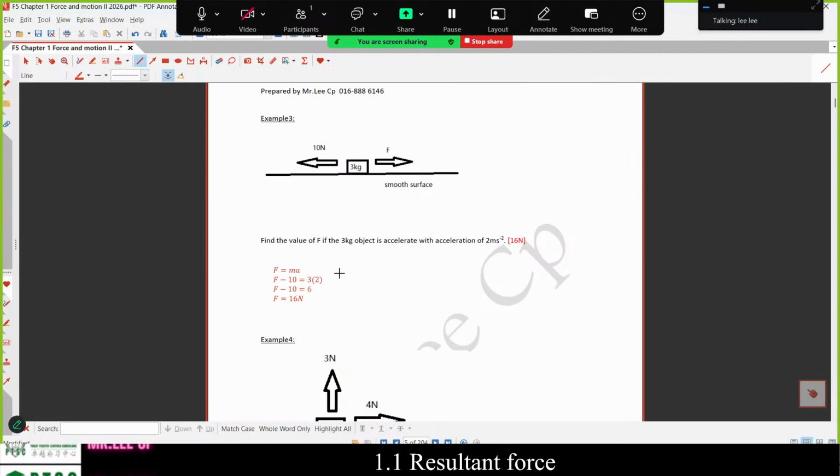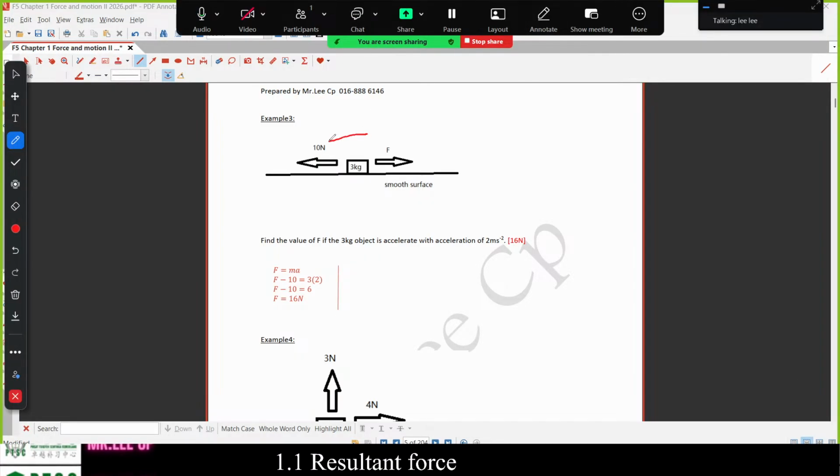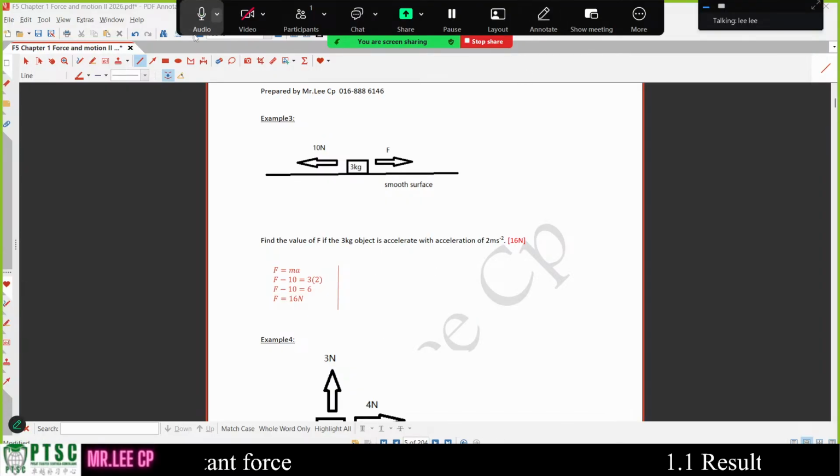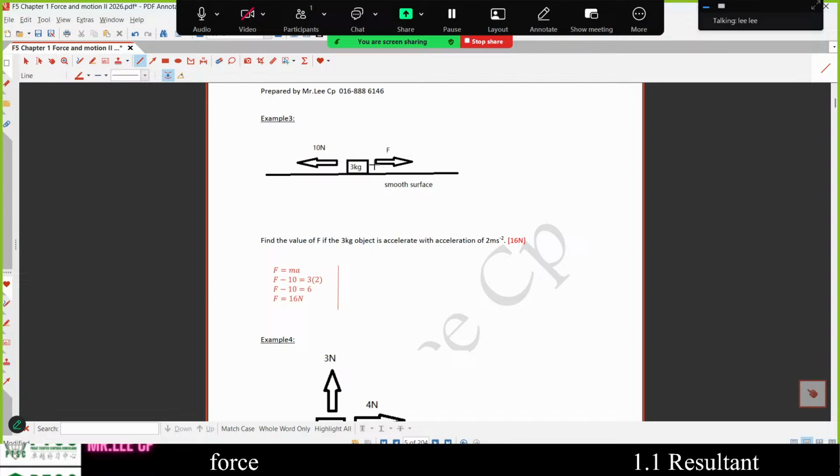Or it can be another way around. Another way around means the object is going to accelerate into this direction. They never said accelerate to the left or right, so it can be both. So we redo. If this object accelerates to the left, what will be the answer?